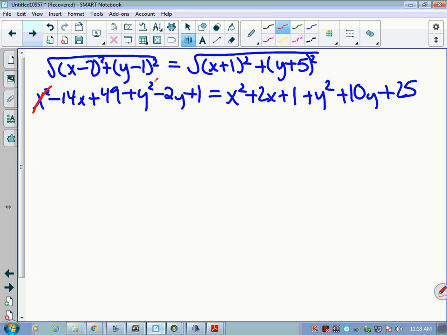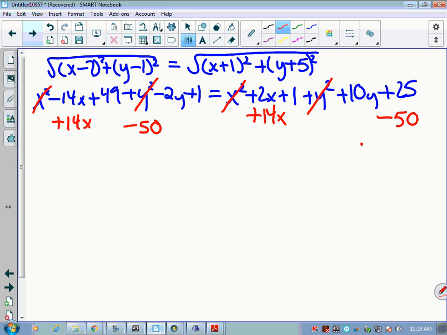We've got x squared, y squared, so we'll cancel out on both of those. We're going to move everything on the left-hand side that is an x or a constant to the right-hand side. We're going to move anything on the right-hand side that's a y to the left-hand side. All right, so I've got a 49 and a 1, which means I can subtract 50 to the other side. Okay, I've got a 14x, which means I can add that over here.